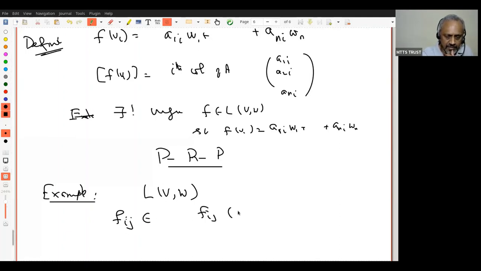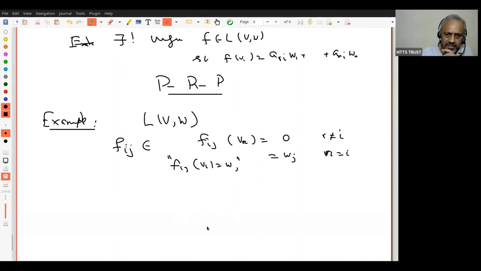It mapped Vr to 0 if r is not equal to i, and mapped to Wj if r equals i. That is Fij of Vi is Wj. That's all. The rest all go to 0. Okay, keep this in mind.